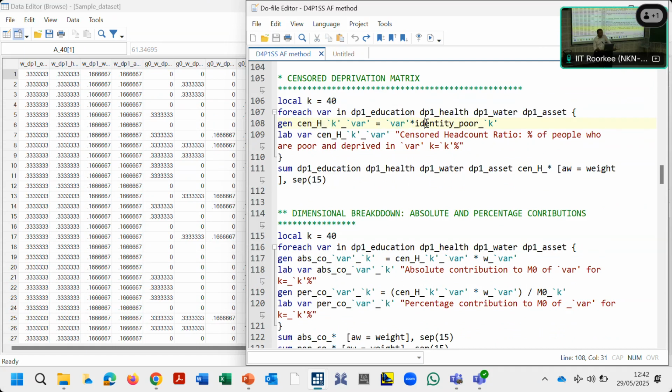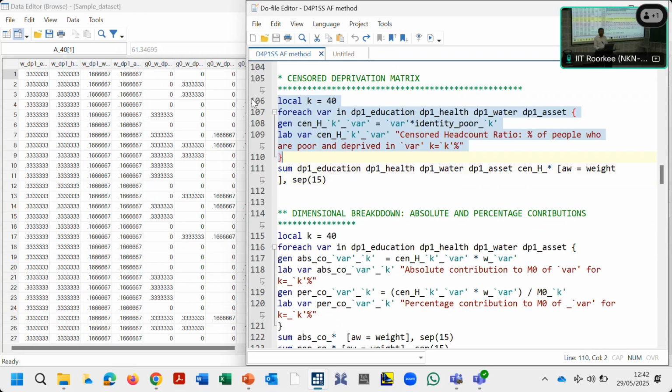Okay? That is simply giving me the censored headcount vector. So we are doing it and we are going to run it up to here, up to 110. If you run it, you create it, yeah?